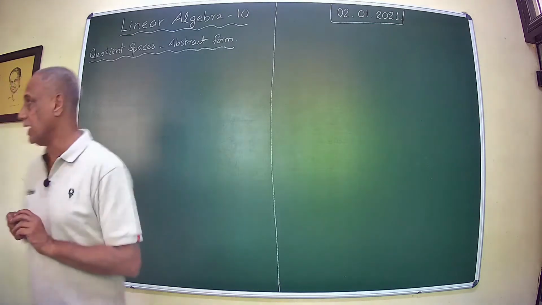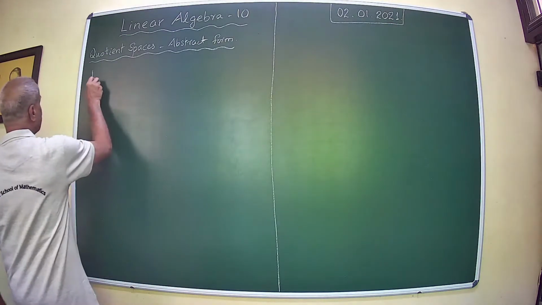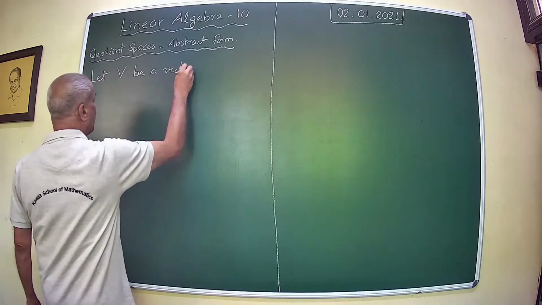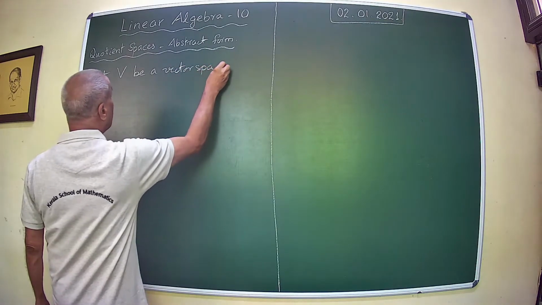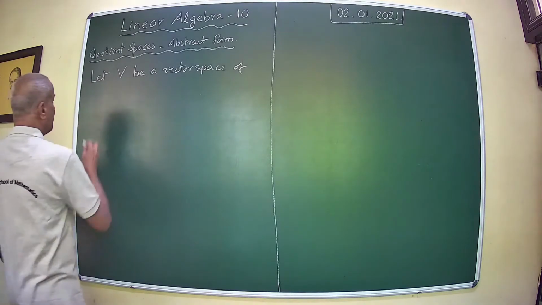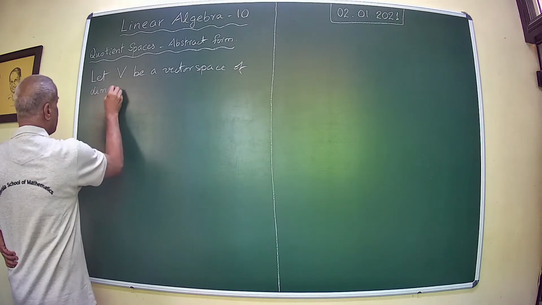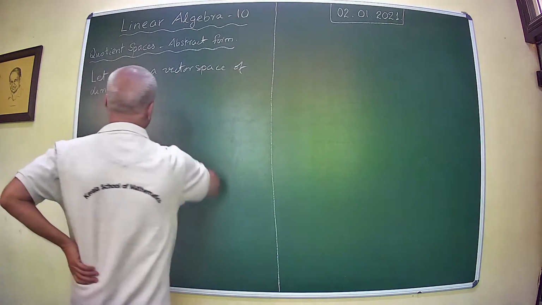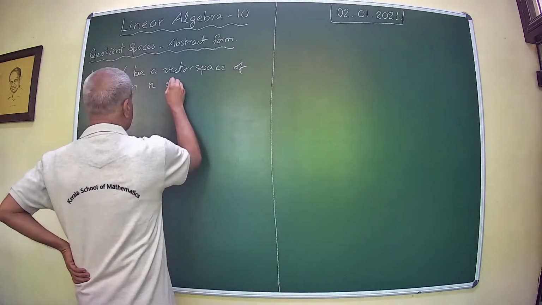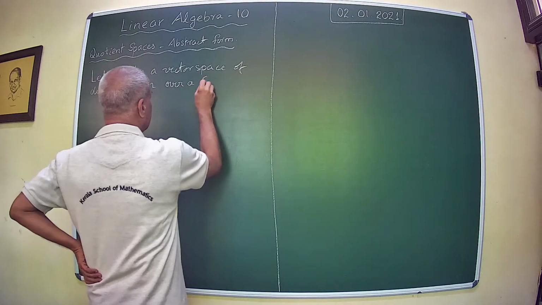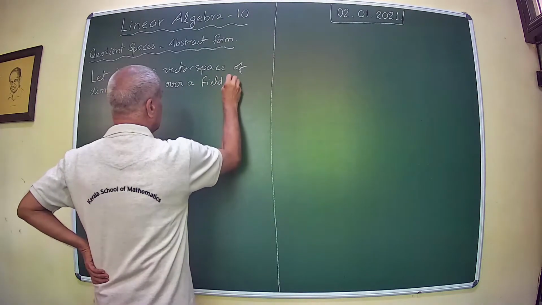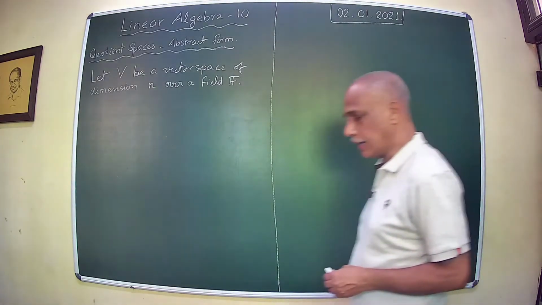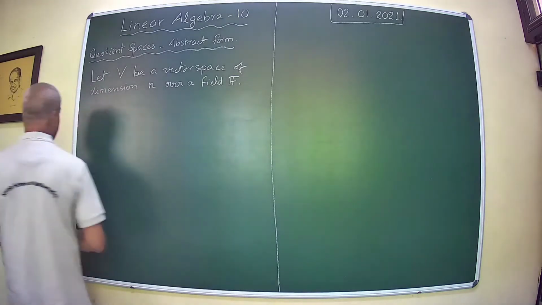So we start with a vector space V. Let V be a finite dimensional vector space over a field F. So it's essentially a finite dimensional vector space that we are working in.